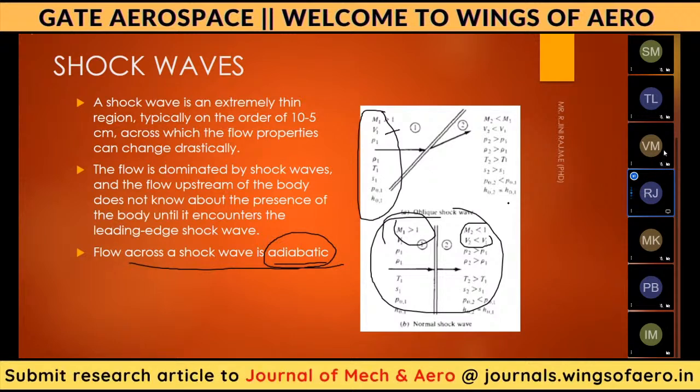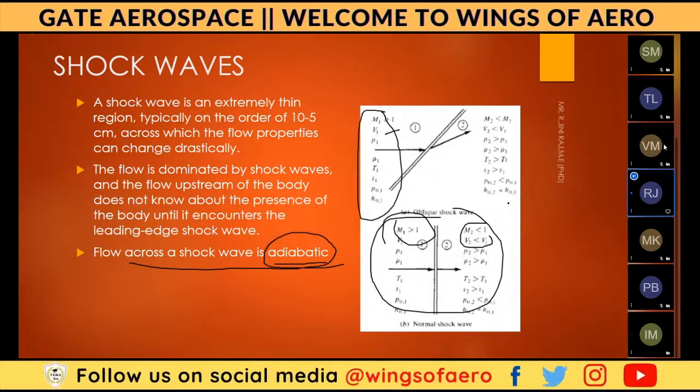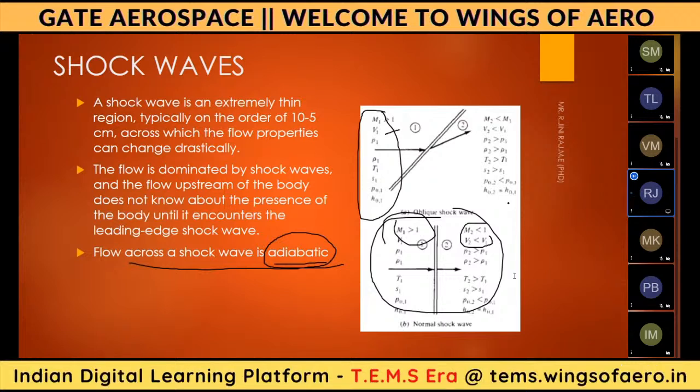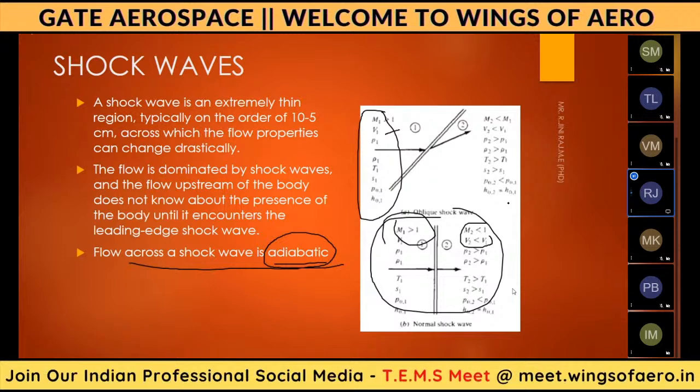Automatically the air gets compressed, because if pressure is increased, what will happen? Temperature will also increase. We know P equals rho R T. Pressure increase means temperature will definitely increase. So based upon that only they are giving. See, after the shock the pressure is increasing. Because of that, there is a small change in temperature also. Okay.